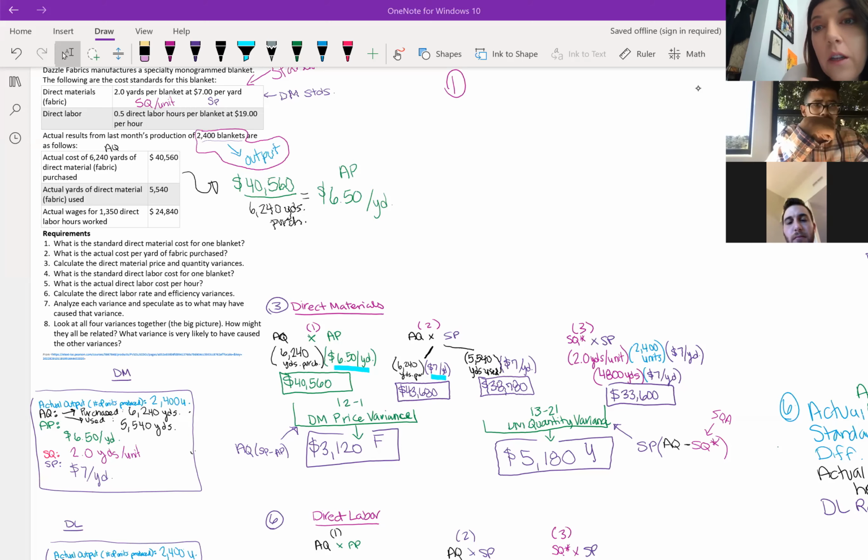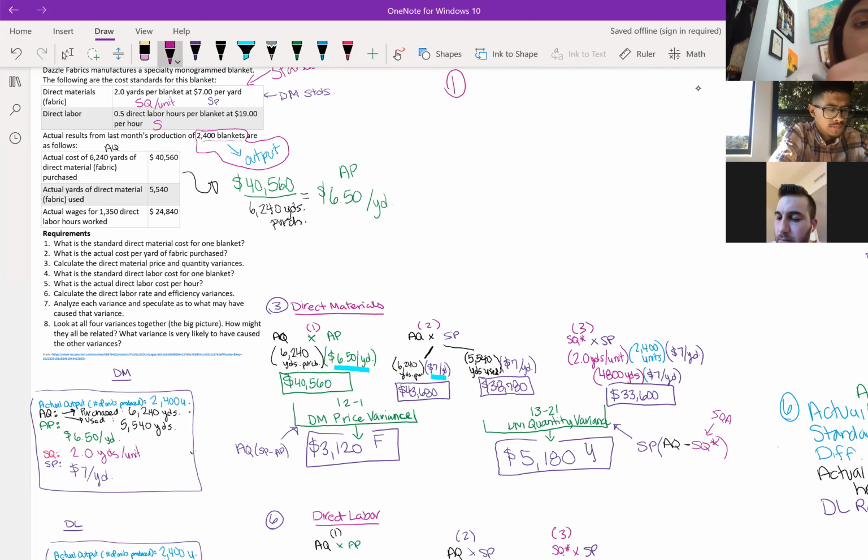Okay, the information that you're using for direct labor is coming from the same location as the information that you're using for direct materials. So where we got the standards over here is exactly where we're going to find the standards for direct labor. So direct labor, 0.5 direct labor hours per blanket is going to be your standard quantity per unit.